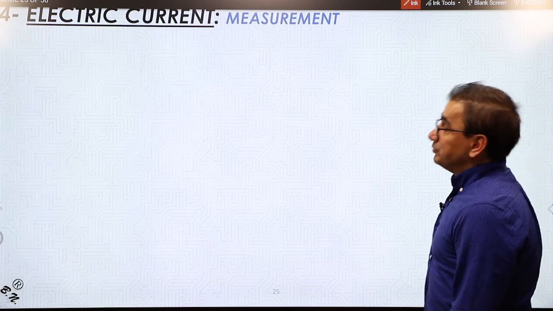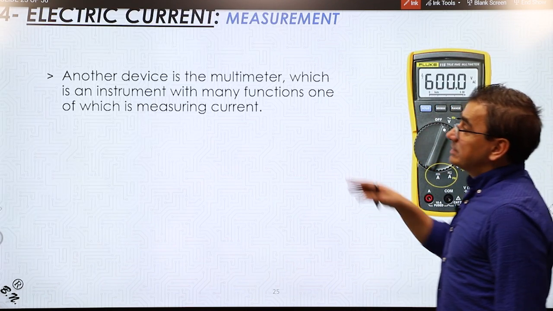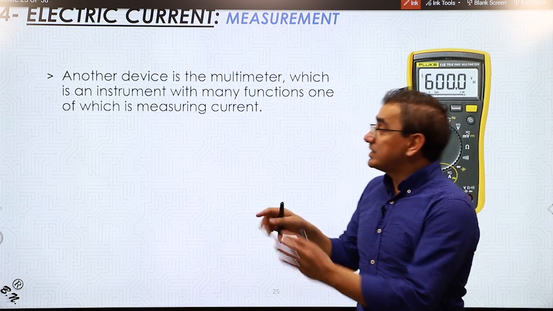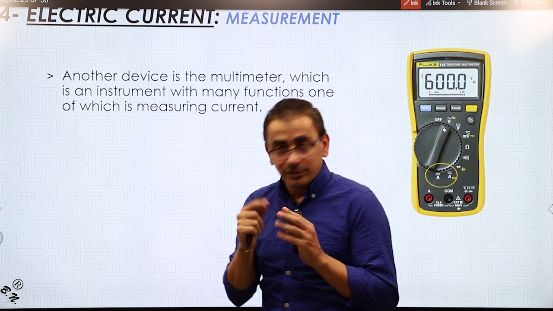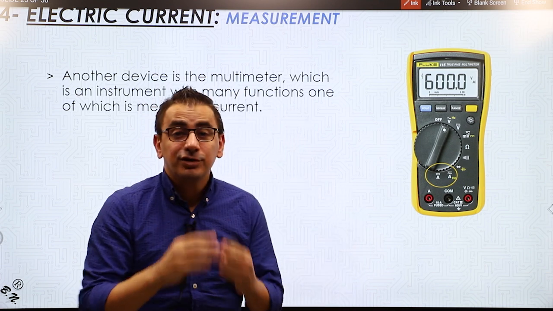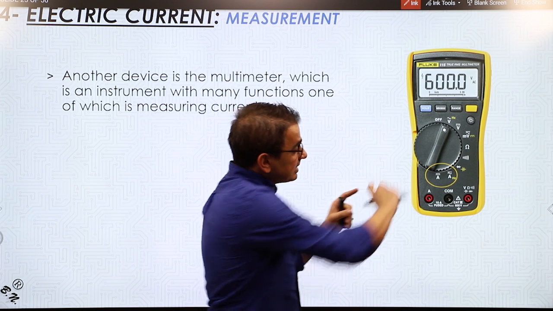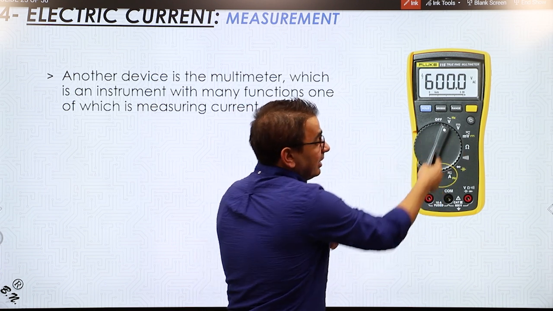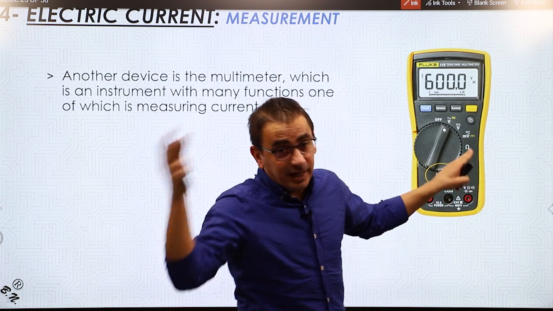Okay, now we can also use, as we said, another device, the multimeter, which is an instrument that can do many functions. However, when you use the multimeter, you need to add one more point concerning description, which is that the multimeter has a dial. This dial has many options. It has the V as voltage, it has ohm as something else later.